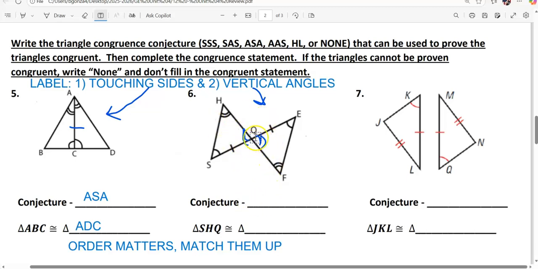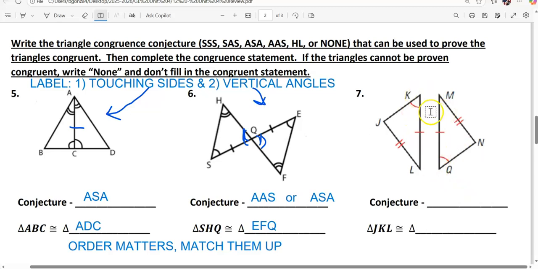Now, over here, there's more than one answer. Here's why. If you start right here, angle, angle, side, that's one option. Or if you start here, angle, side, angle, that's another option. That's because we have too much information, okay? SHQ, one arc, two arc middle. One arc, two arc middle is EFQ. Order matters.